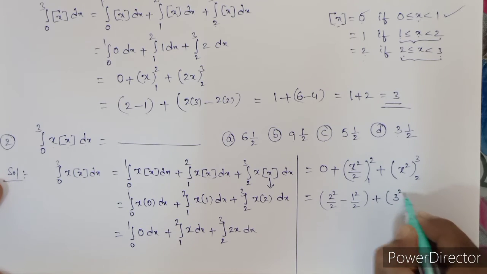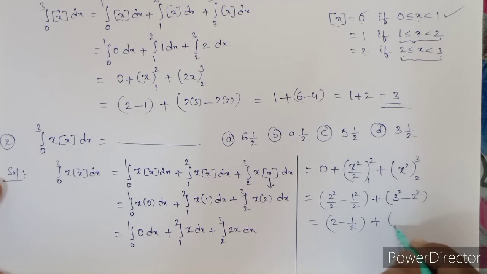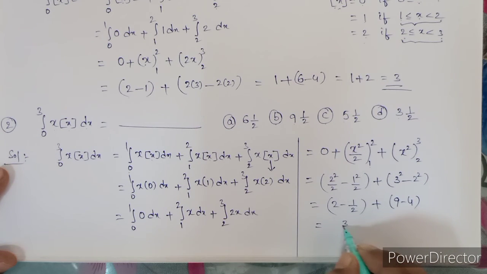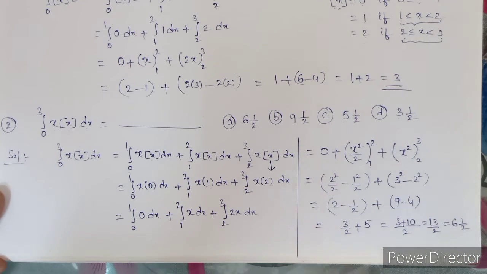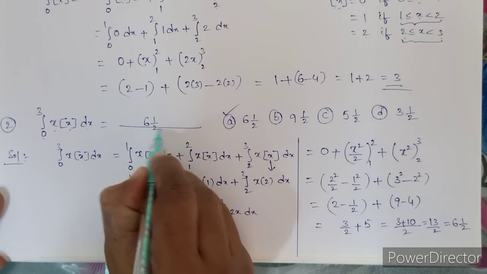Same. 3 square minus 2 square. 4 by 2, 2 minus 1 by 2. 9 minus 4. 2 minus 1 by 2 is 3 by 2, plus 9 minus 4, 5. Now taking LCM, 3 plus 10, that is equal to 13 by 2. We write it as 6 1 by 2, mixed fraction. So option A is correct. Integral 0 to 3 x into step x dx is 6 1 by 2.